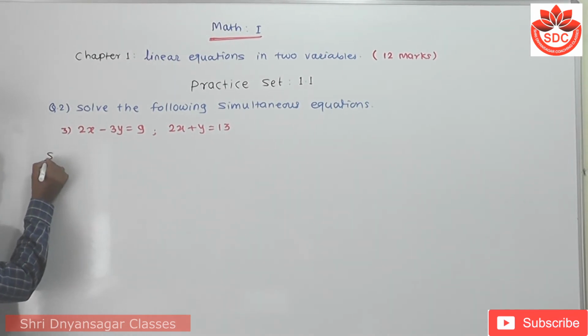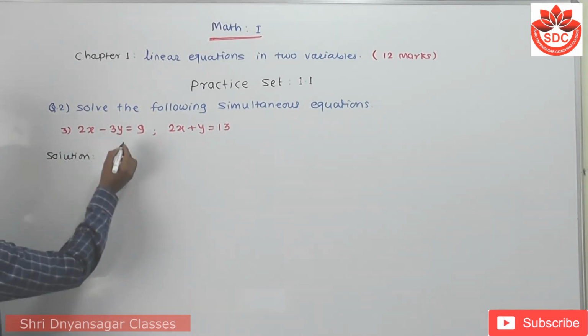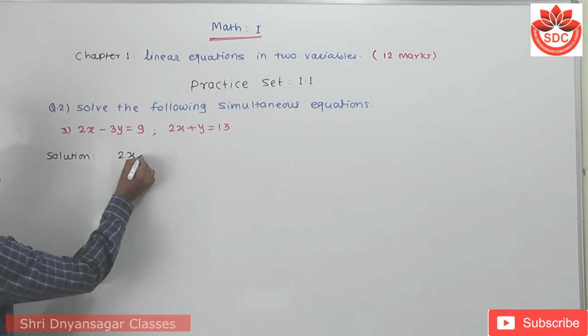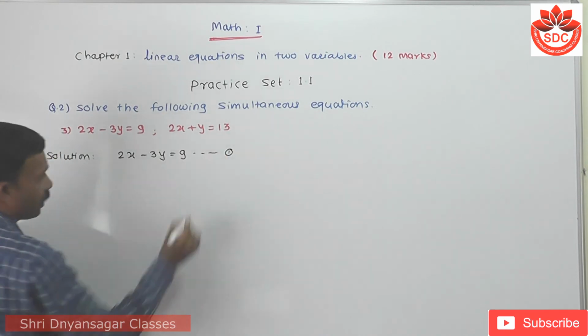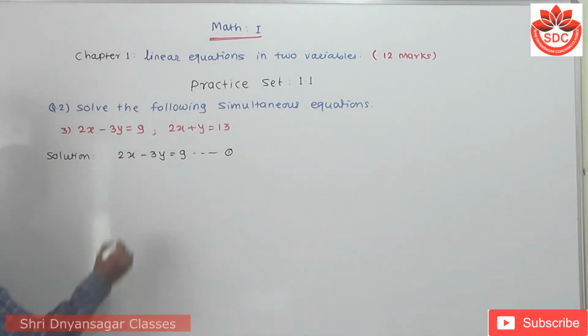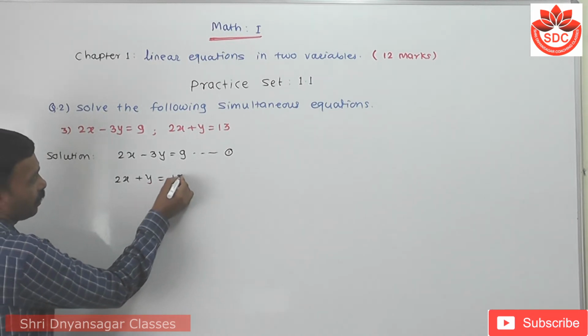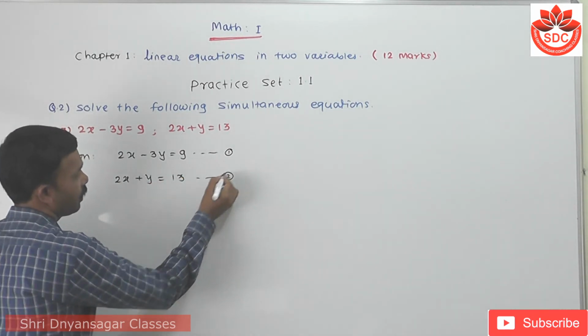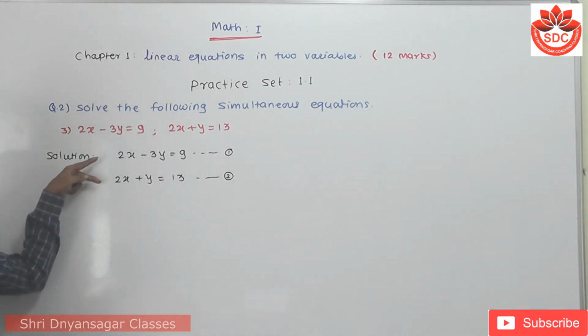The solution of that equation. Now first, the equation is 2x minus 3y is equal to 9. Suppose this is equation number first. And the second one is 2x plus y is equal to 13. This is equation number second. Student, when we observe these two equations, the coefficient of x is 2 in both, which means they are equal.